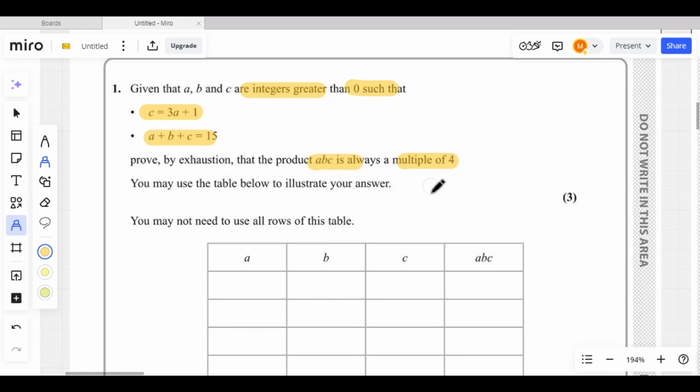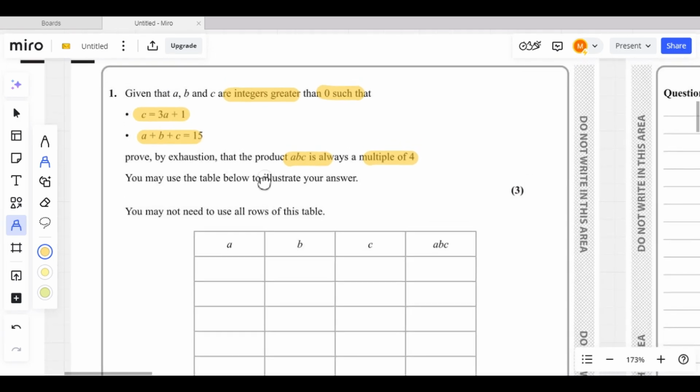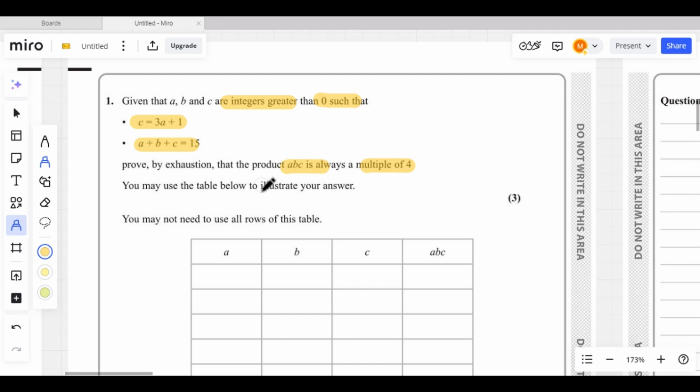Okay. So at first you can see that this proof is a bit different. There is a table given, and this pattern of proof is now frequent in the recent past papers. Okay.